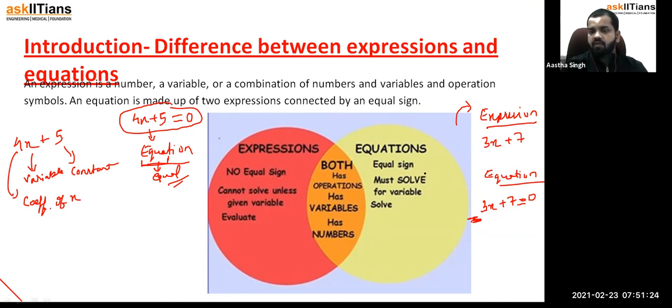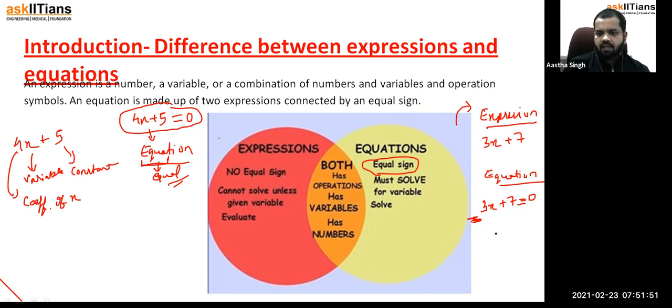But equation has one more thing, the equal sign. It is the only thing which makes a difference between your algebraic expression and your equation. You can find out the value of your variable in equation, but could not find out the value of your variable in expression.